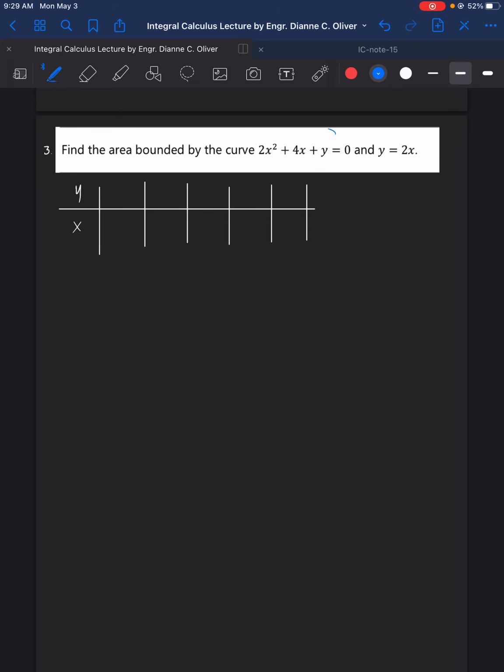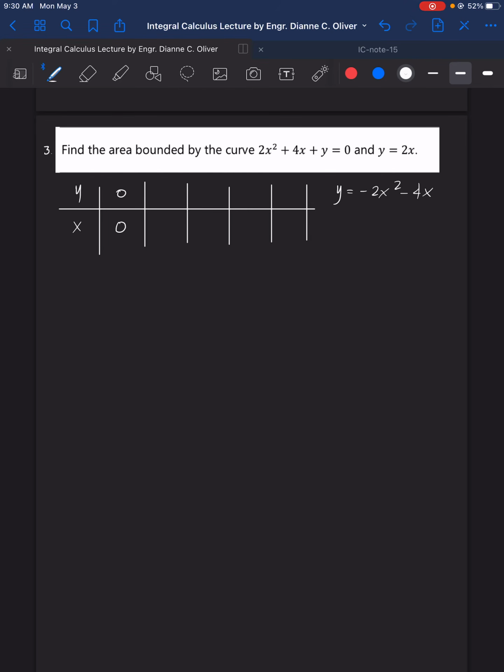So using this equation here, this is 2x squared plus 4x plus y. This is y is equal to negative 2x squared minus 4x. If we have the value of x as 0, y is also equal to 0.